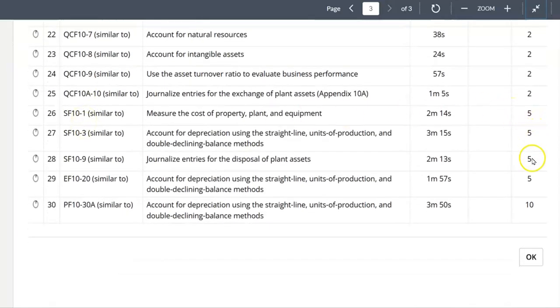And 1, 2, 3, 4, 5 of the exercises, 10-1, 10-3, 10-9, 10-20, 10-30A. These are from your homework. Again, good study guide to go by before you take the exam.